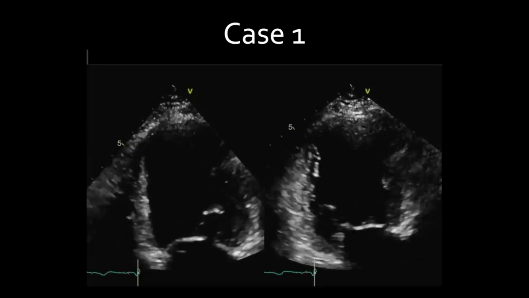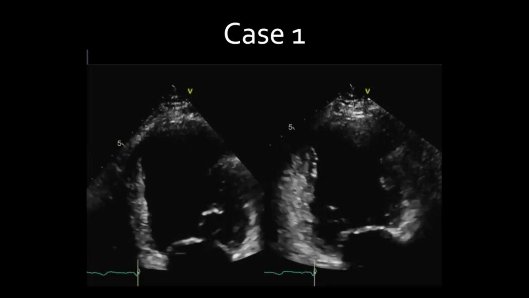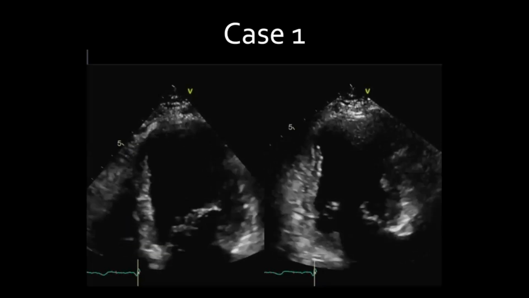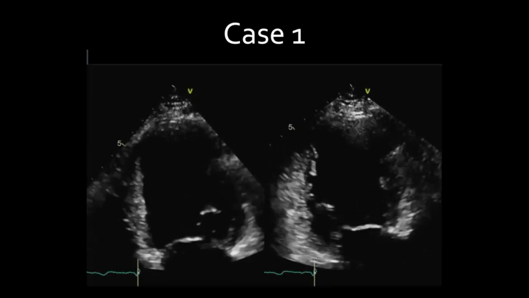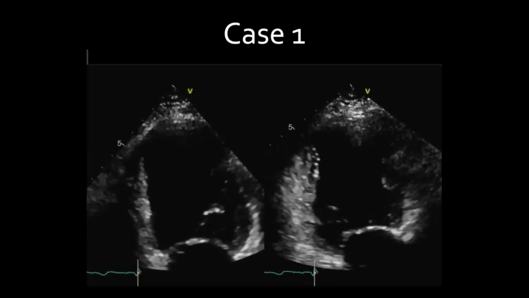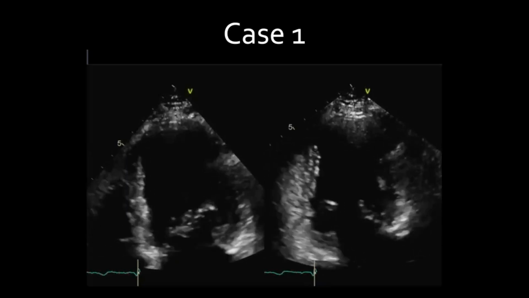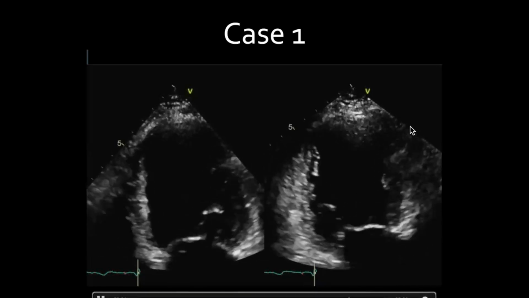So, do you see any thrombus? Very suspicious. Why would you say it's highly suspicious? Well, first of all, it's aneurysmal. Yeah, so the substrate is there for a thrombus. You can see my pointer shows up here.